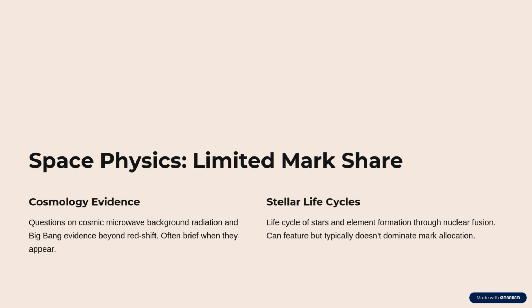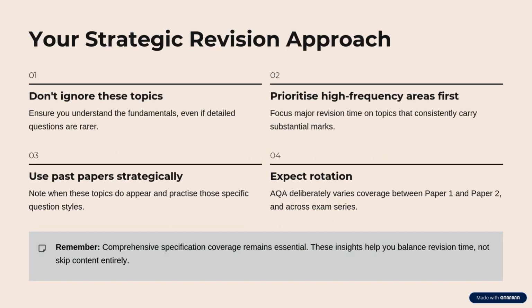Now, I do want to talk a little bit about your strategy. As I've told you, this video is only about the topics that haven't come up as higher markers previously in the last 5 years. But that doesn't mean you leave other topics and focus on these. That's not what this video is about. All I'm saying is you cover everything, but do not ignore these topics.